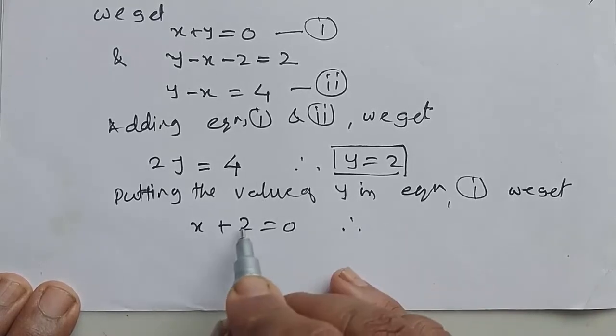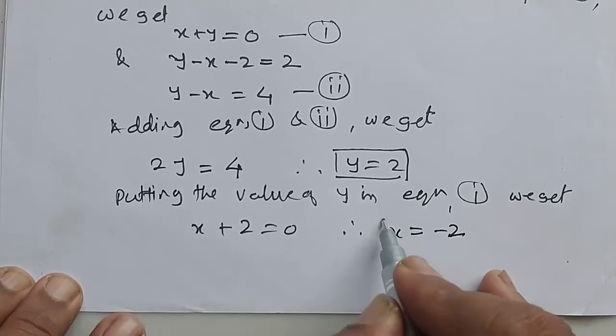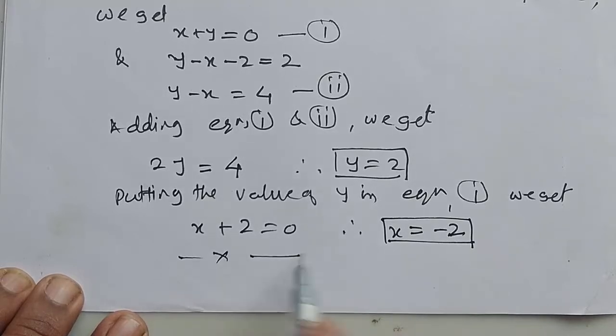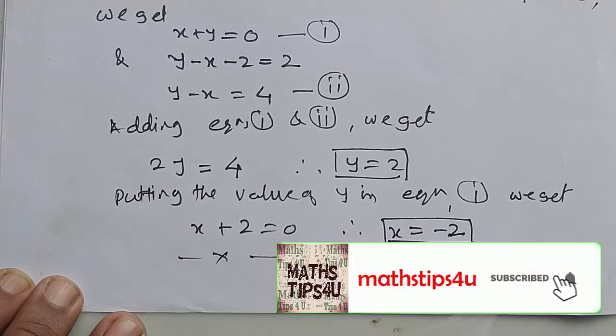Therefore, taking 2 to the left hand side, x is equal to minus 2. So, this is the value of x. In this way, we have calculated the values of x and y.